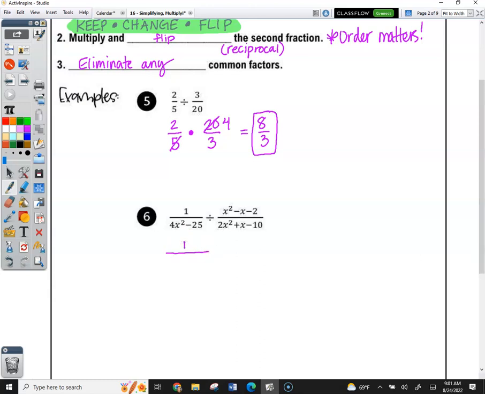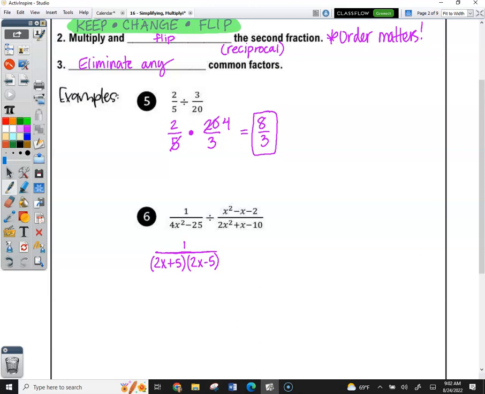Alright, look at the bottom. That is a difference of squares. Do y'all see it? 4 is perfect. X squared has an even exponent. It's a subtraction sign. 25 is perfect. So that will factor to, remember, to get the factors, you square root each term, and then one's positive and one's negative.